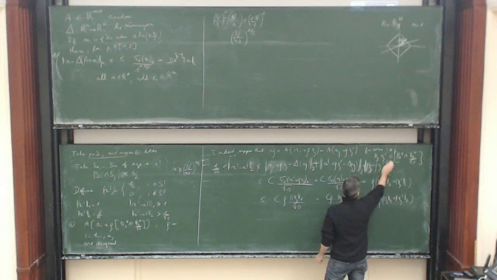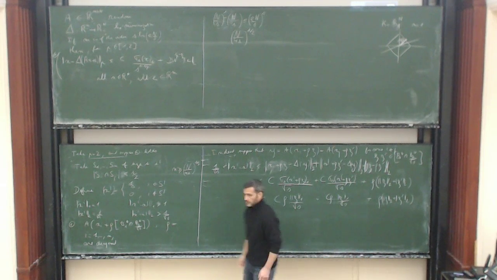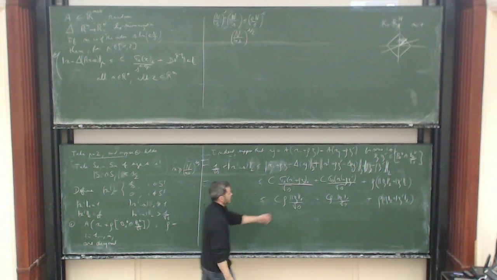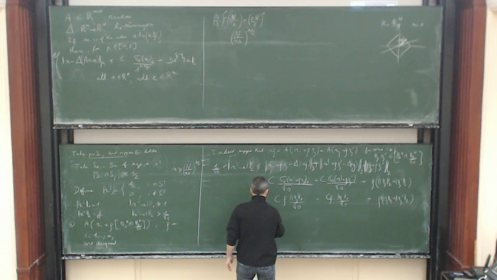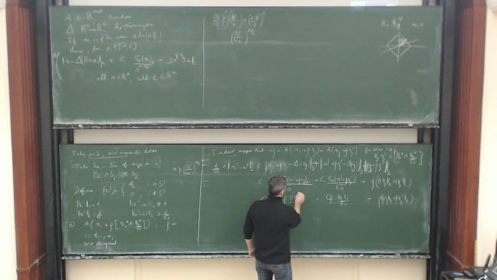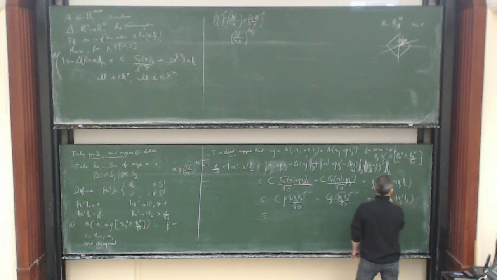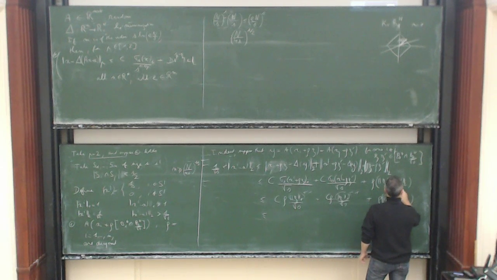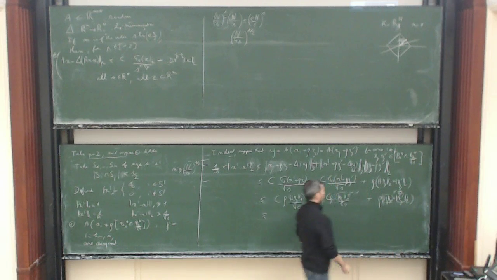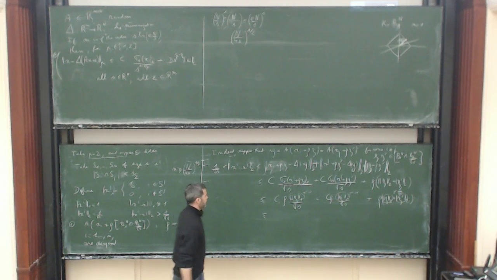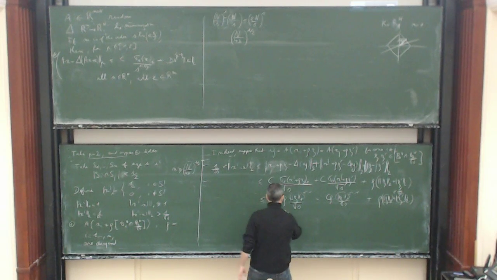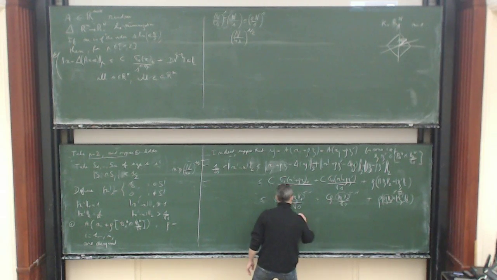Now z and z prime belong to this set. The L1 norm is less than 1, and the L2 norm is less than 1 over square root of s. So if you look at what you have, 2c plus 2 times rho over square root of s.